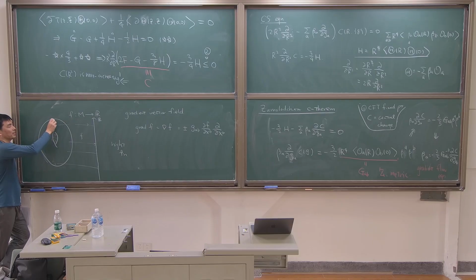A critical point is essentially where the derivative of f becomes 0. So there are 4 critical points here, and the gradient vector field is something like this.